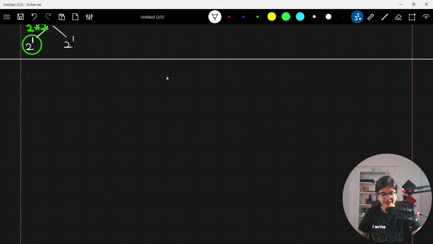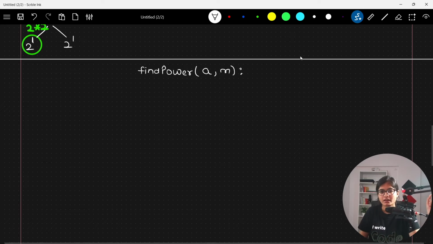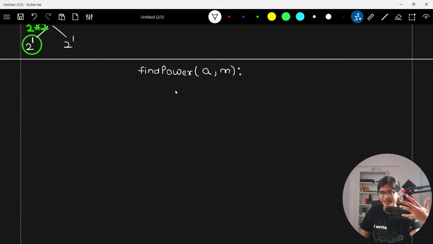So basically, what we are doing here is finding the power of an element. Here we will have the value a and the value n, which is entered by the user. One simple thing we need to check first is whether the value of n is equal to 1 or not.